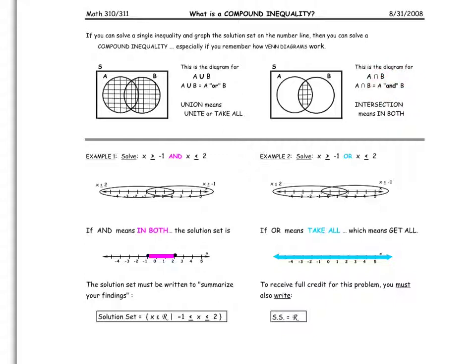Remember, please, that the union is the set of elements that are in A or in B. Union means to unite or take all. If you think about it, let's suppose you work for a very large company that needs to hire a lot of people. And you can use people who are good at typing and filing and working behind the scenes.